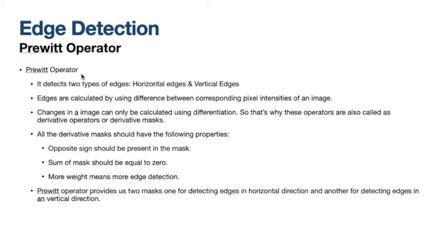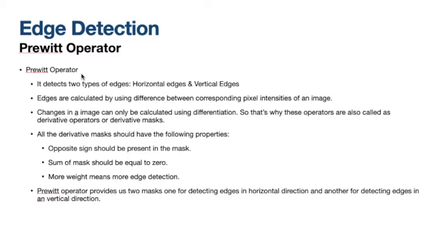That's why these operators are also called derivative operators or derivative masks. To detect the horizontal and vertical edges, you have to calculate the difference between the corresponding pixel intensities of an image, and this can be calculated only using the differentiation method. That is why it is called a derivative mask or a derivative operator.